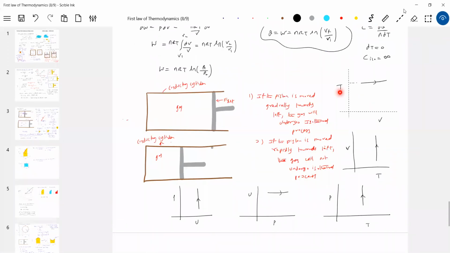In temperature versus volume graph, a horizontal line is isothermal expansion. In volume versus temperature graph, a vertical line should be isothermal. Pressure versus temperature, a vertical line should be isothermal here. Pressure increases, volume decreases, isothermal compression. Volume increases, isothermal expansion.